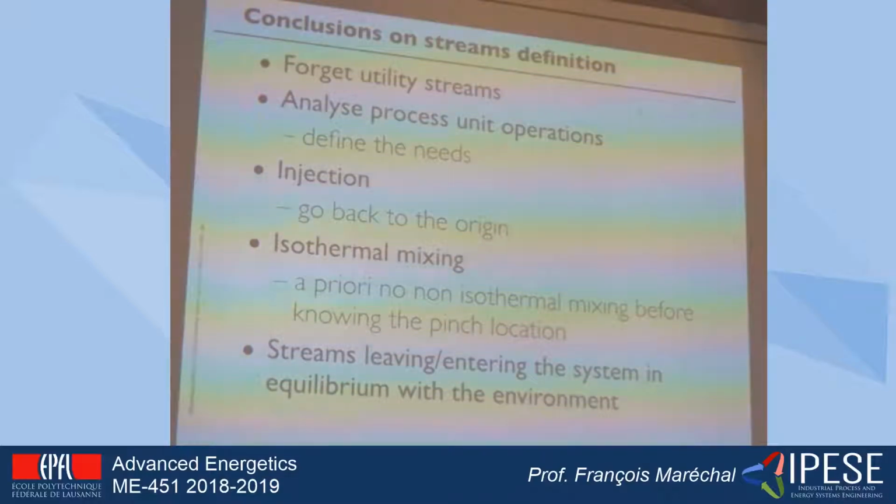Try to not forget exergy, so it means that as soon as you need heat, try to do it at the lowest possible temperature, and when you have heat, try to do it at the highest possible temperature. Avoid non-isothermal mixing. When you have an injection, go back to the state of the stream that is injected.